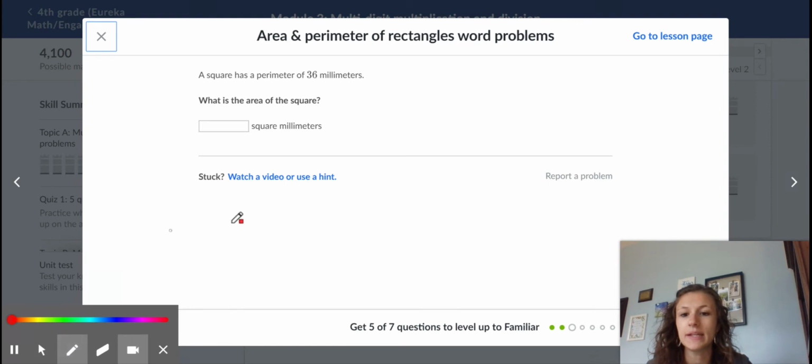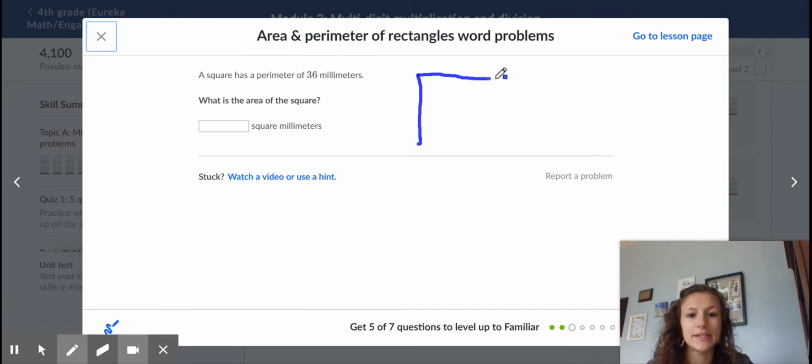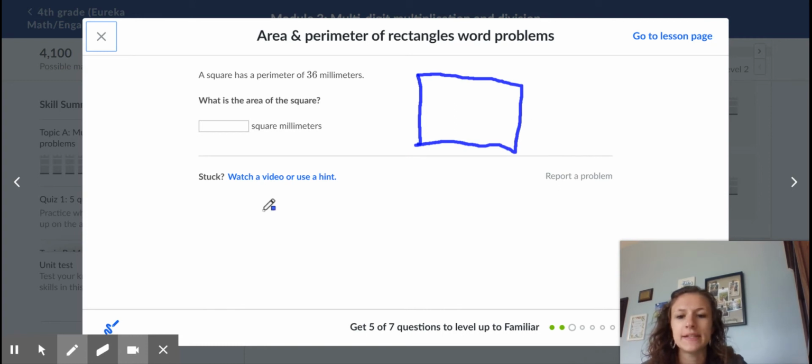The important thing to think about here is that it's a square. If it's a square, I know all of its sides are the same, because a square has 4 congruent sides and 4 congruent right angles. It says my perimeter is 36. Perimeter is length plus width, but since all of my sides are the same, my perimeter is equal to 4 of my sides.